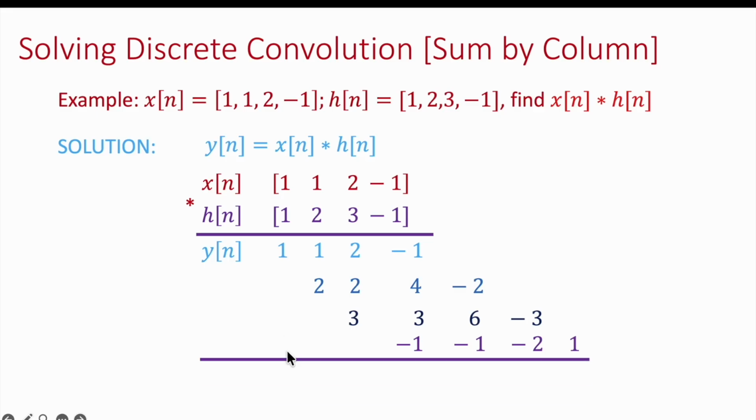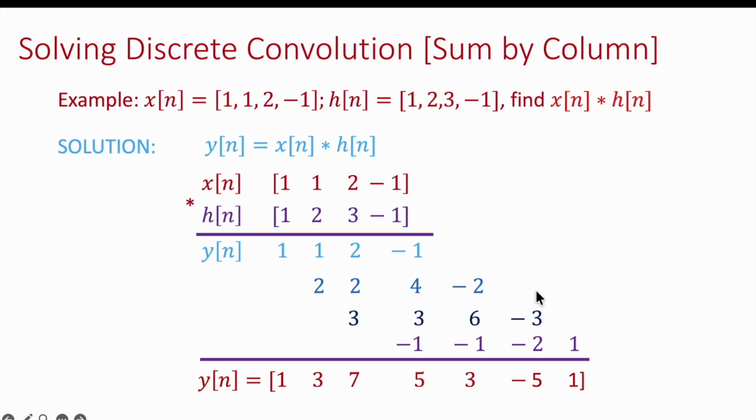At last you add them together column by column: 1 will be here, it is 1, 1 plus 2 is 3, 2 plus 2 plus 3 is 7, then minus 1 gives 6, then minus 1 gives 5, 6 minus 3 is 3, minus 2 minus 3 is minus 5, and then 1 is there. So the answer is still the same: y of n is equal to 1, 3, 7, 5, 3, minus 5, and then 1.